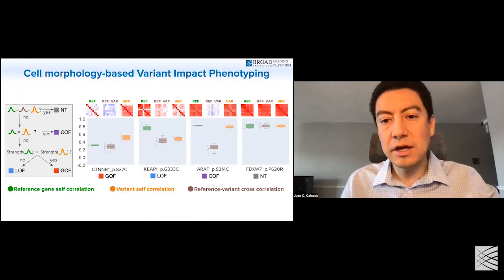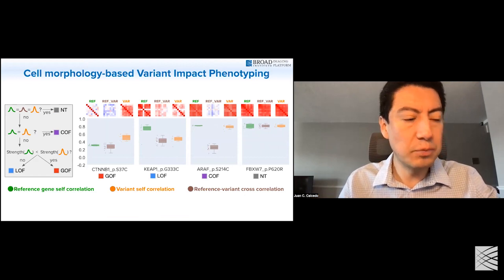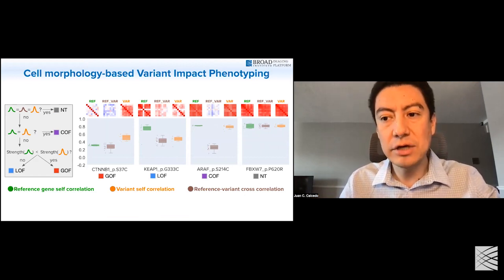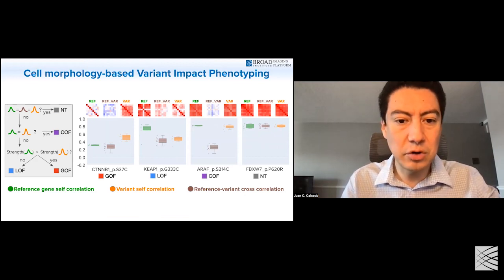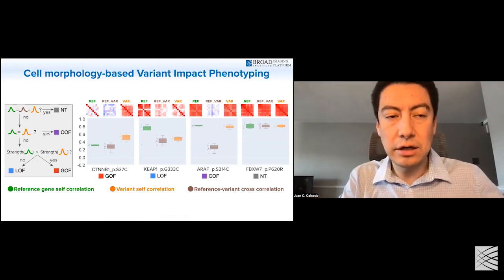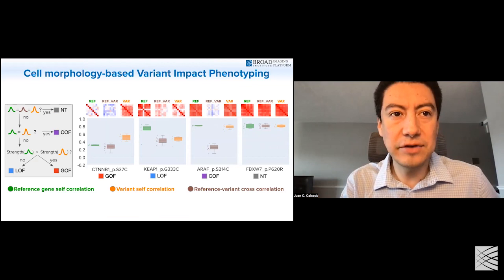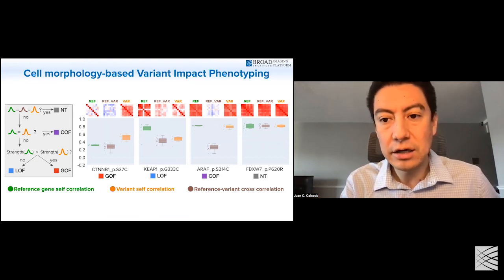And we used the variant impact phenotyping algorithm that was proposed for this type of analysis a few years back by Alice Berger and others at the cancer program. In their case, they were using this algorithm to understand the effect of variants or the impact of variants using transcriptional profiling.